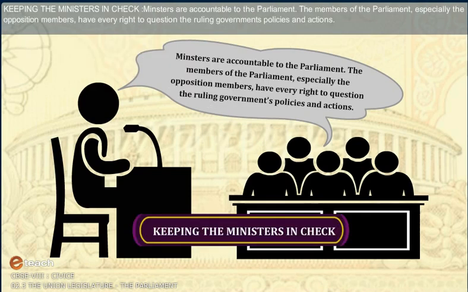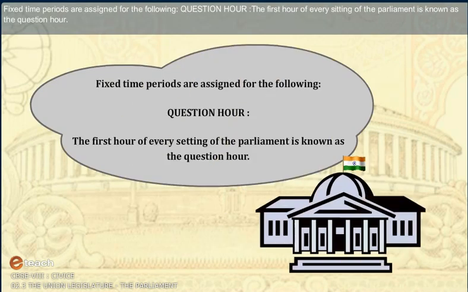Keeping the ministers in check. Ministers are accountable to the Parliament. The members of the Parliament, especially the opposition members, have every right to question the ruling government's policies and actions. Fixed time periods are assigned for the following.